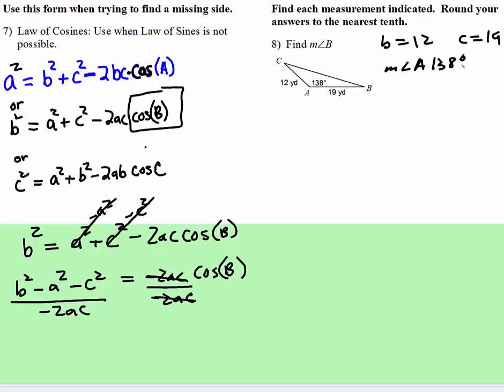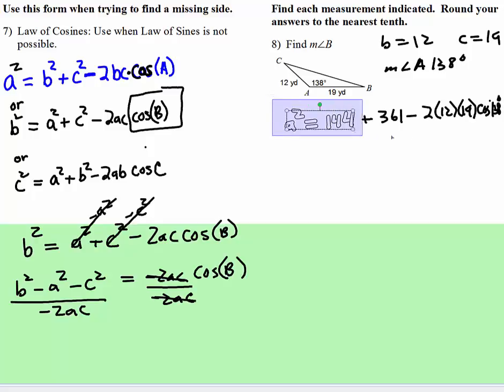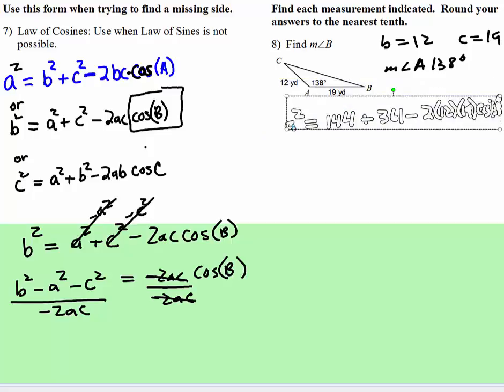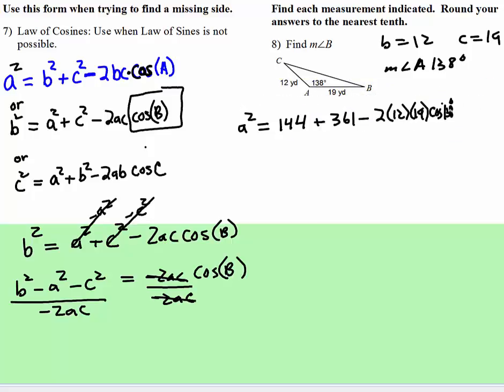To find a, a squared is equal to b squared, 144, plus c squared, 361, minus 2 times b times c times the cosine of 138.